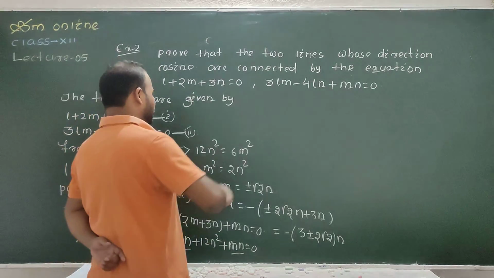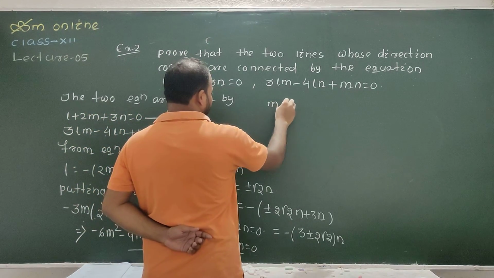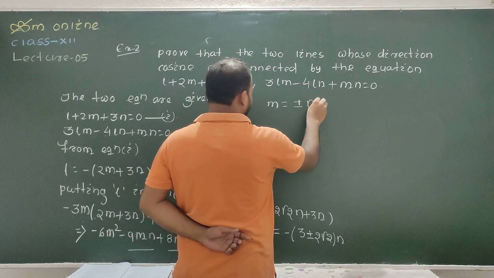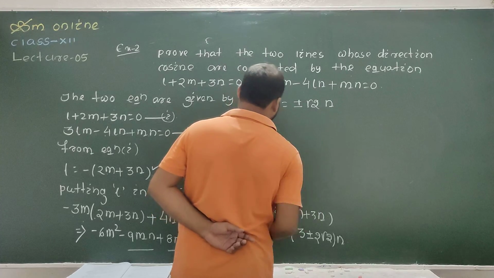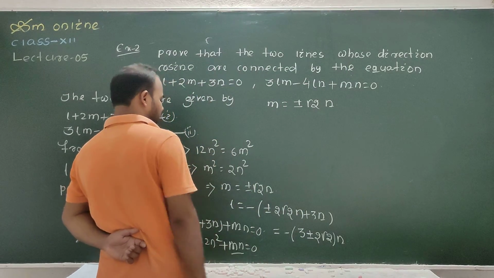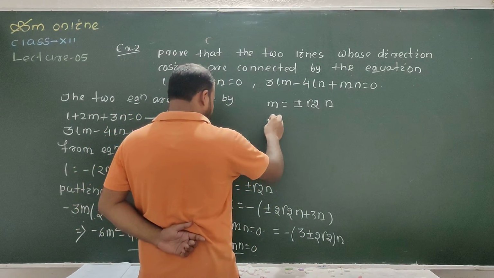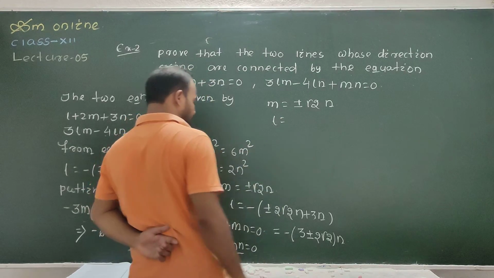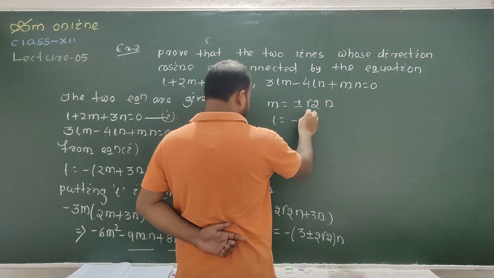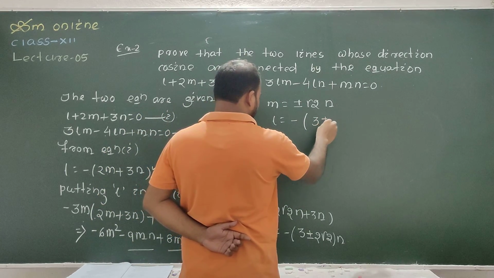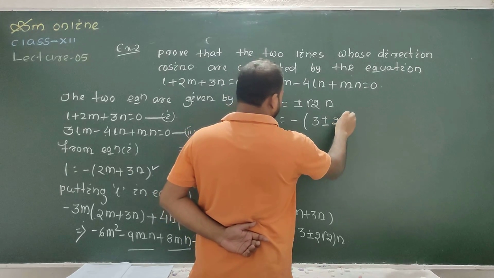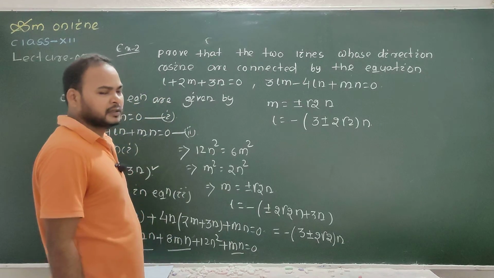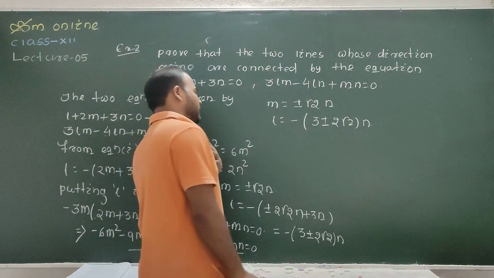Okay, now we have found the value of m equal to plus minus root 2 into n, and we have found the value of l, minus of 3 plus minus 2 root 2 into n. Clear? Now come to the point.